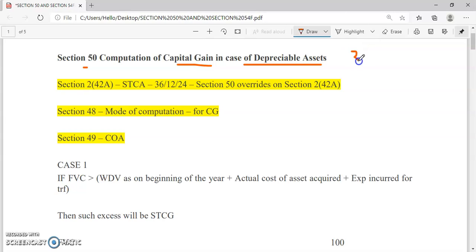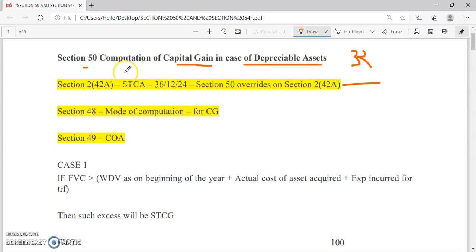Section 32 prescribes the provisions relating to depreciation under the Income Tax Act. So, in case of a depreciable asset, the WDV of the asset is reduced each and every year by the depreciation amount. So at the time of the transfer of such a depreciable asset, capital gain shall be leviable.